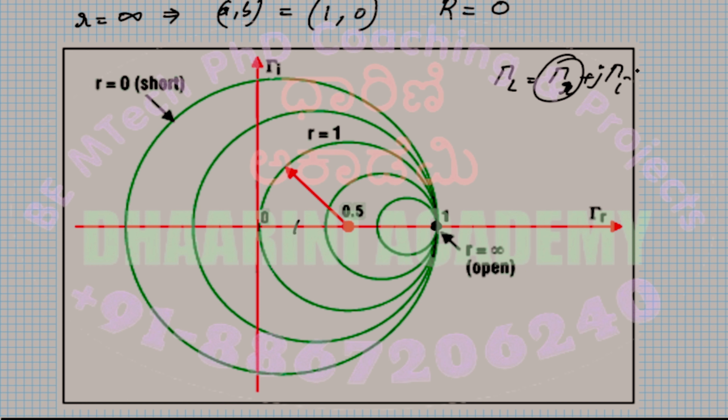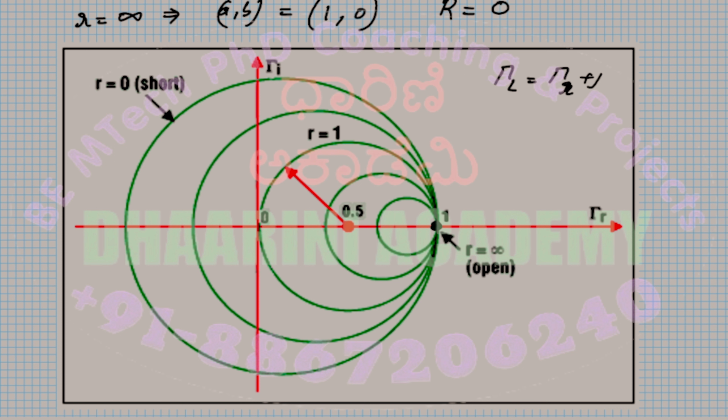The gamma I can be 0.2, so a point here. This point corresponds to a specific gamma. That's how the gamma can be used to plot the points on the Smith chart. This is a part of the Smith chart we understand now.